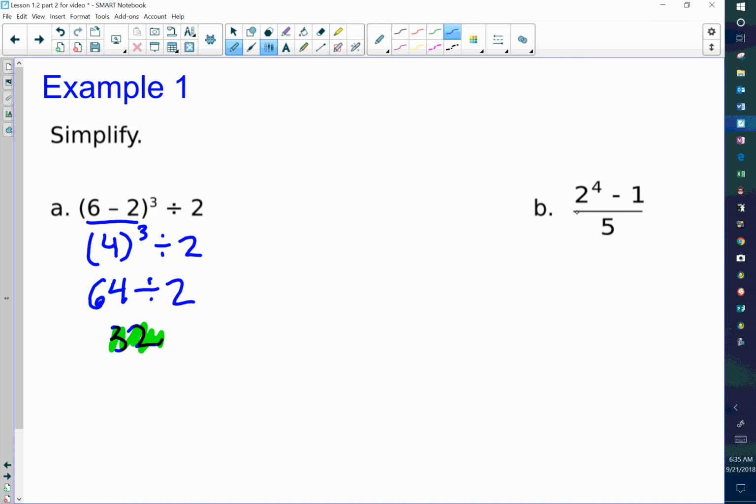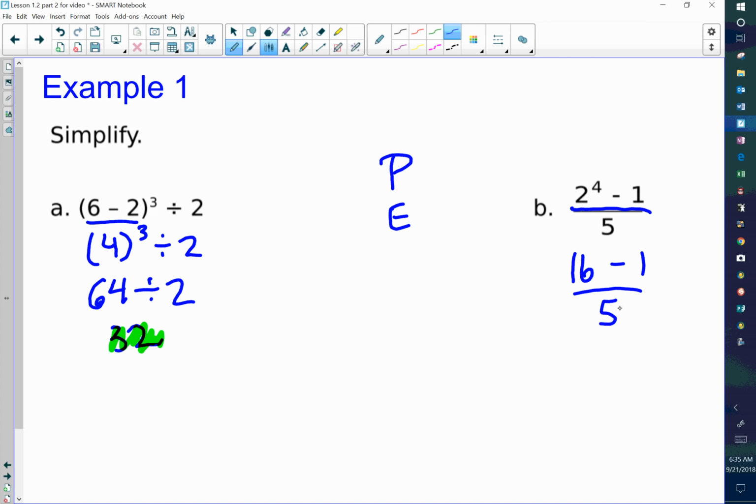All right, when you're simplifying an expression that has a fraction, you really treat the top part of the problem and the bottom part of the problem as two different problems, and you follow the order of operations on each. So I'm going to look at the top and follow the order of operations. There are no parentheses. There's an exponent, so 2 to the fourth power is 16.